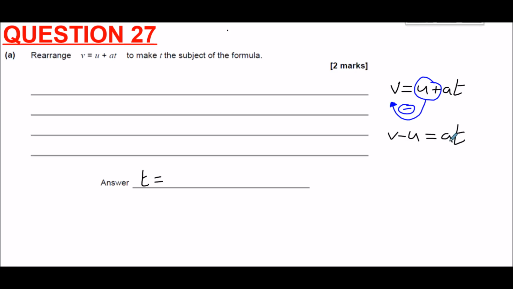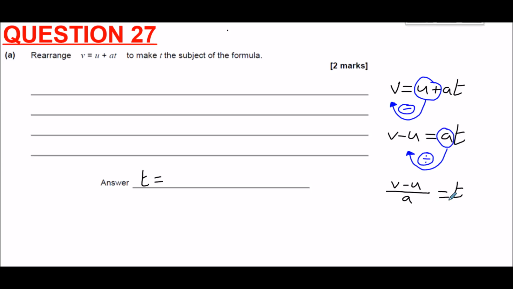Now at means a multiplied by t, and we want to have t on its own. So because that a is multiplying the t, when we swap the side to the left, it will swap from being a multiplier to a divider. Swap side, swap sign. And so then on the left we'll have v minus u, all of that divided by a, equals t. So that means we're nearly there.